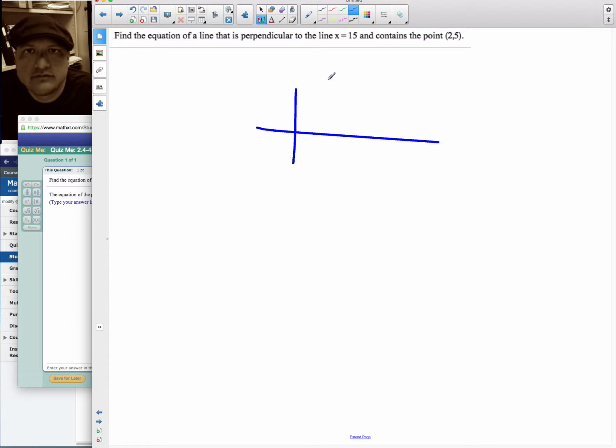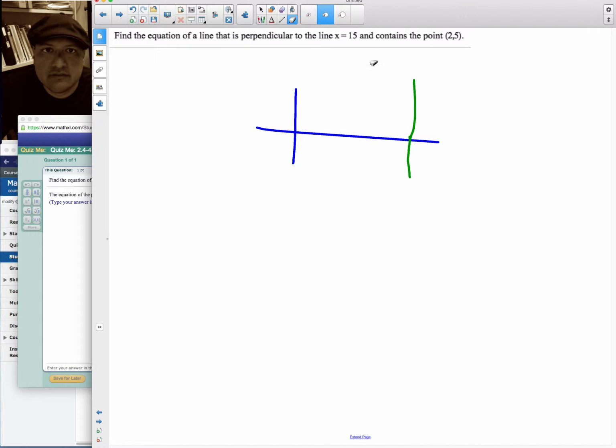If you think about it, x equals 15 is way out here somewhere, and it contains the point 2. So first of all, this line goes straight up and down, which is supposed to be a straight line. I'm a math person, not an art person.